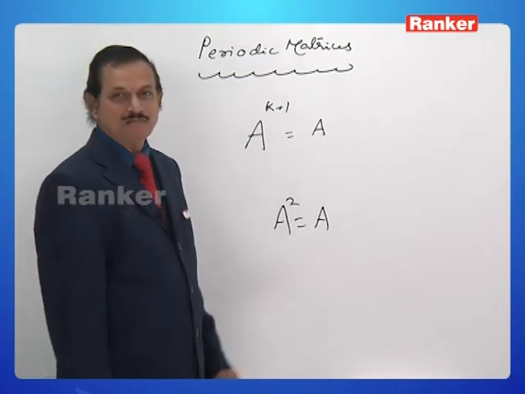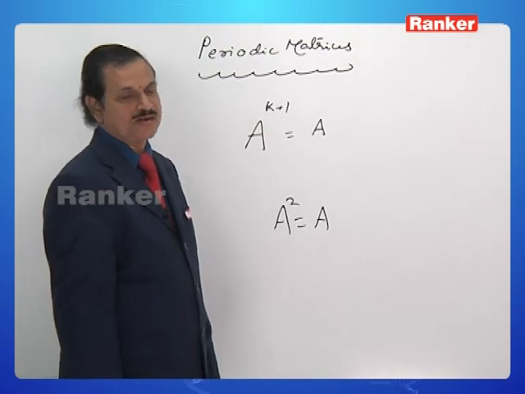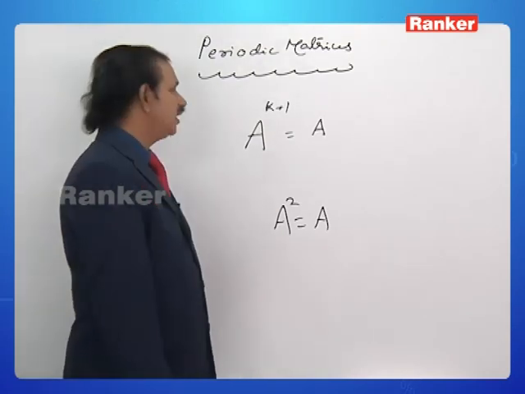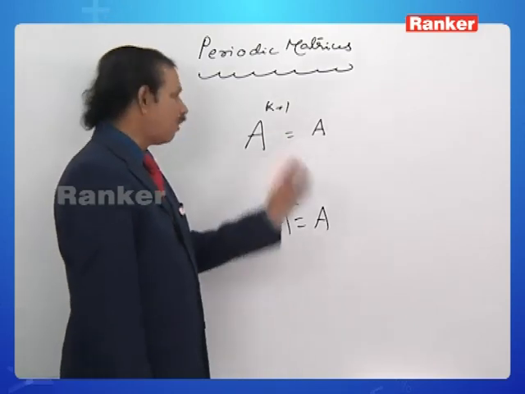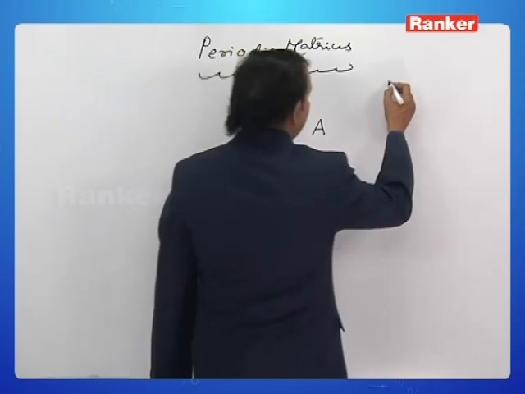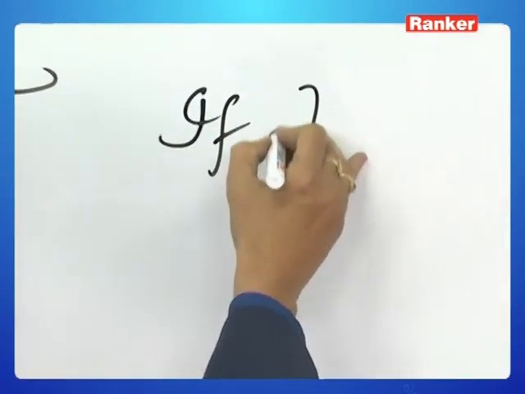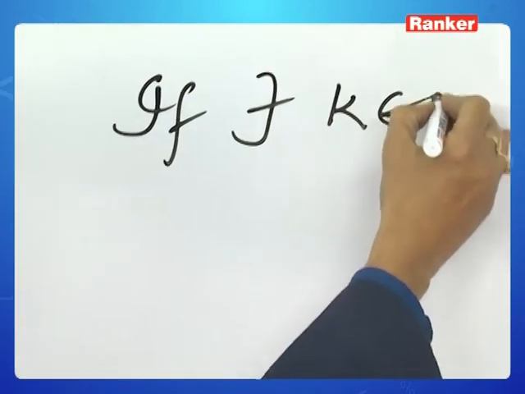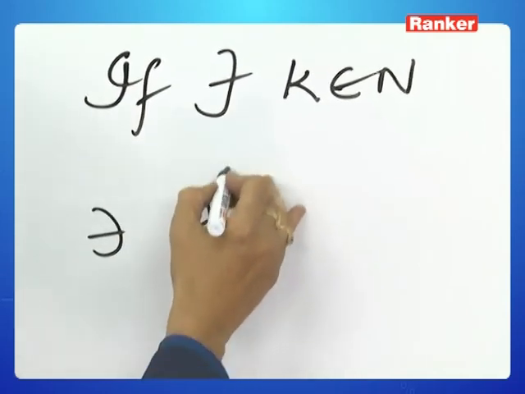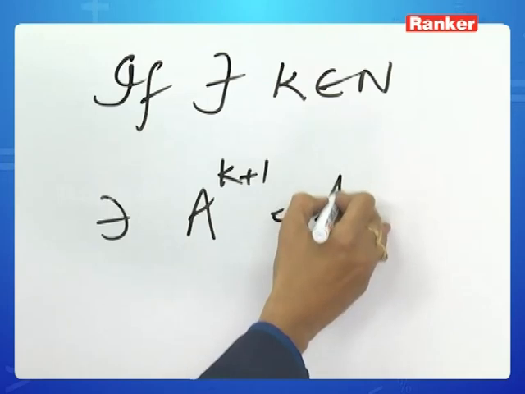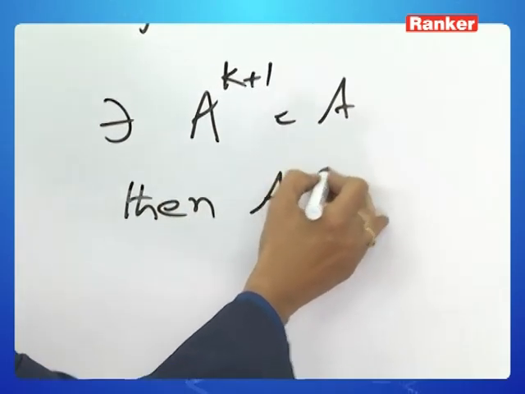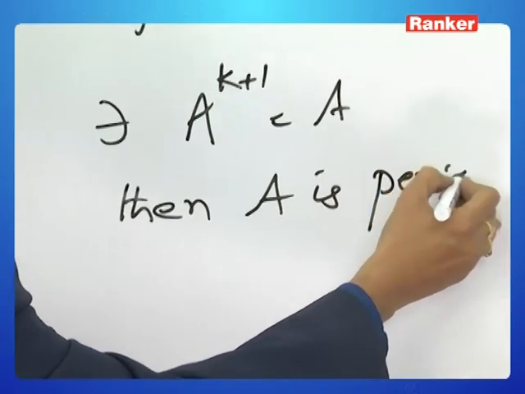Well, let us have a full sentence for this matrix, because this is a new concept. Very few textbooks include this particular concept. What is a periodic matrix? If there exists k belonging to N such that A power k plus 1 is equal to A, then A is periodic.